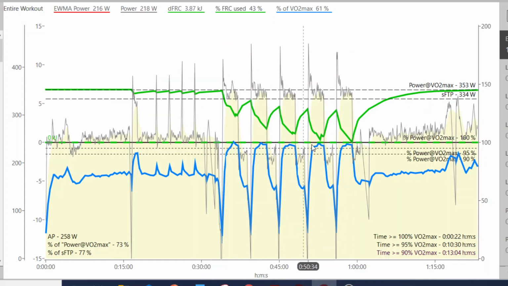You can also see, if you remember, in the previous example, he would get this type of pattern where he touched at VO2 max. This one you can see we're getting up and hovering closer, spending a little bit more time there.